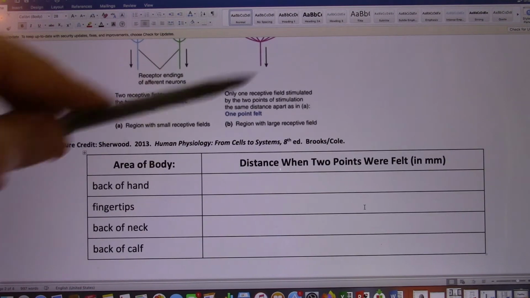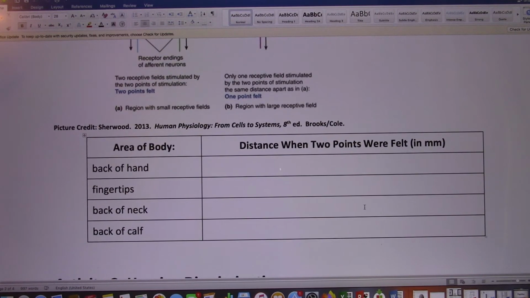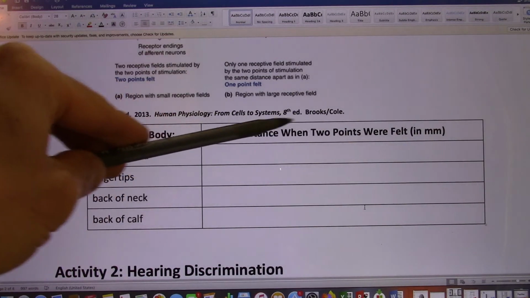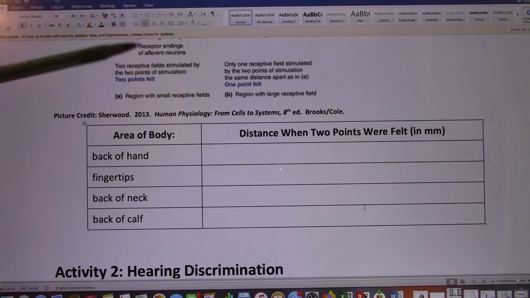If you understand this well, it's pretty easy to identify, if we test different areas, the back of your hand, your fingertips, your neck, your calf, which part will have the smallest distance in the 2-point discrimination?